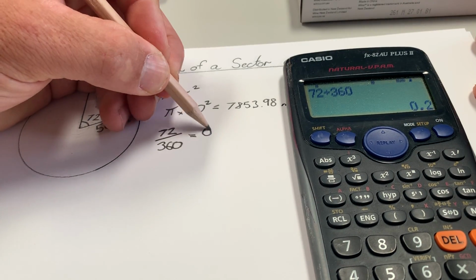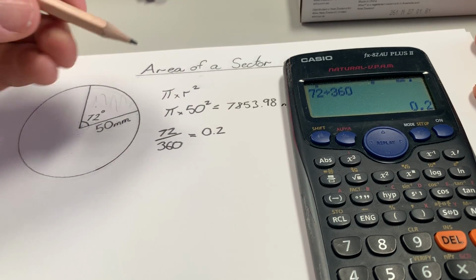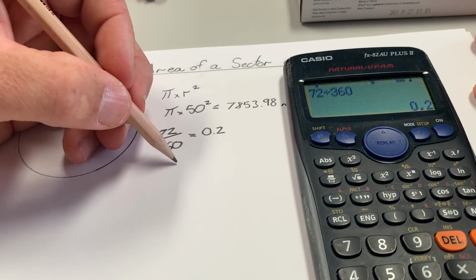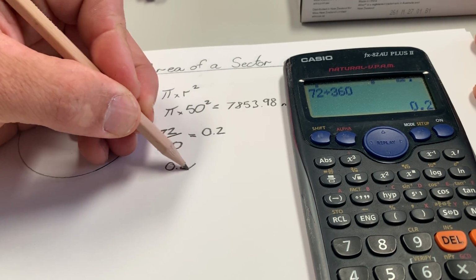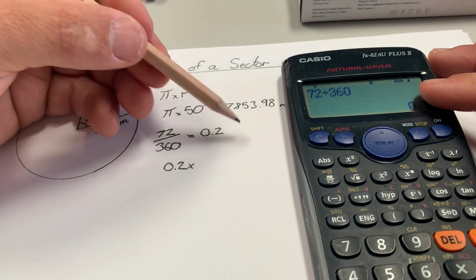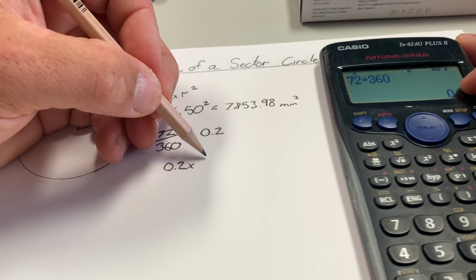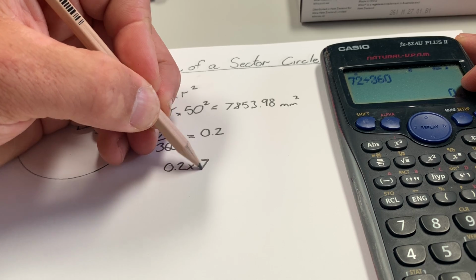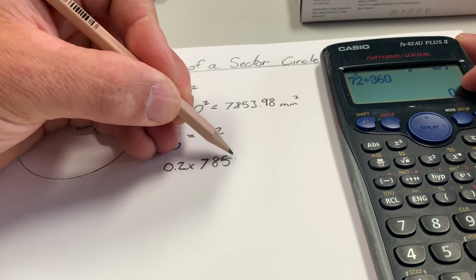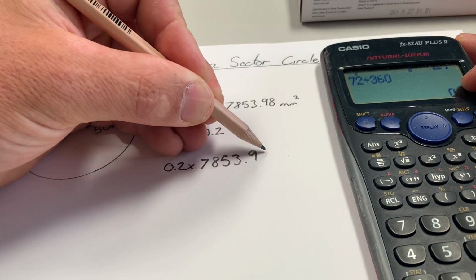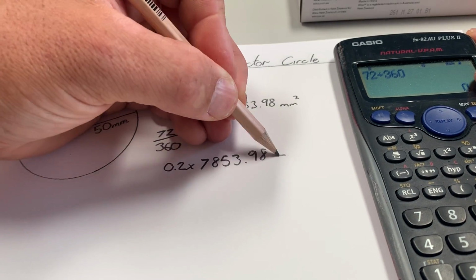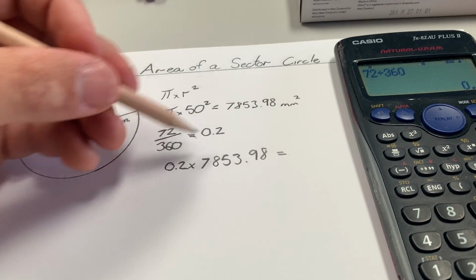So we got 0.2. Then we simply multiply 0.2 by the whole circle, which was what we had up here, 7,853.98. That'll give us our sector. So that's the whole circle.